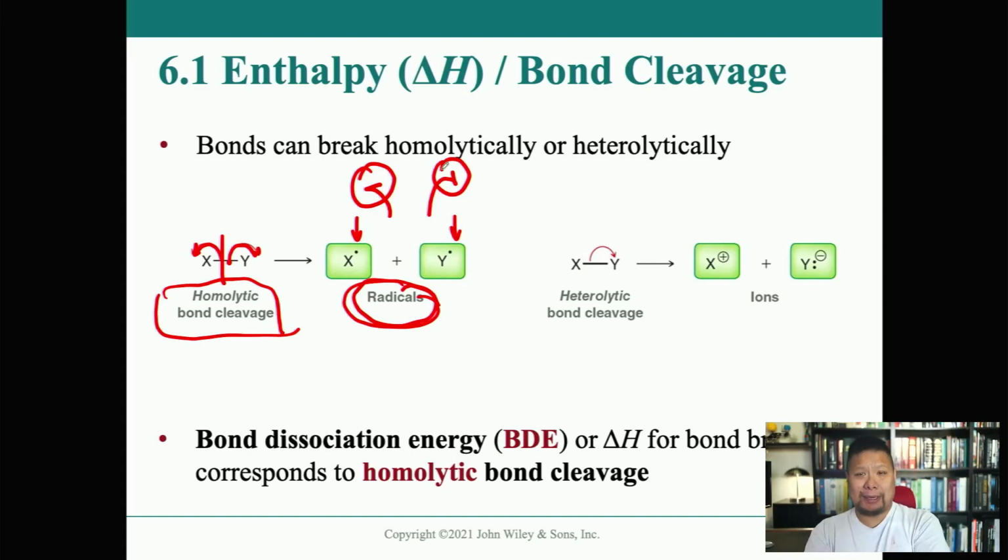In fact, I spent not my entire graduate time in PhD school learning about radical reactions, but a lot of it because we were studying this molecule called SAMe.